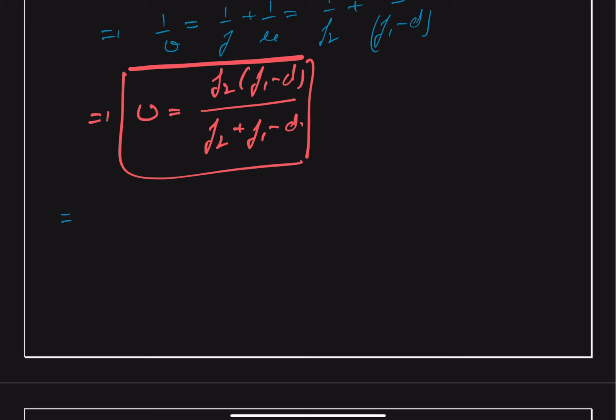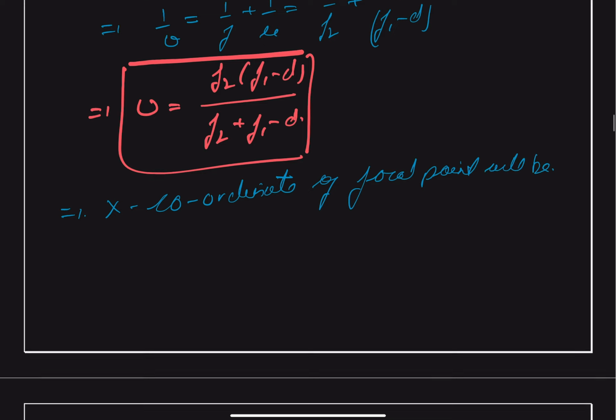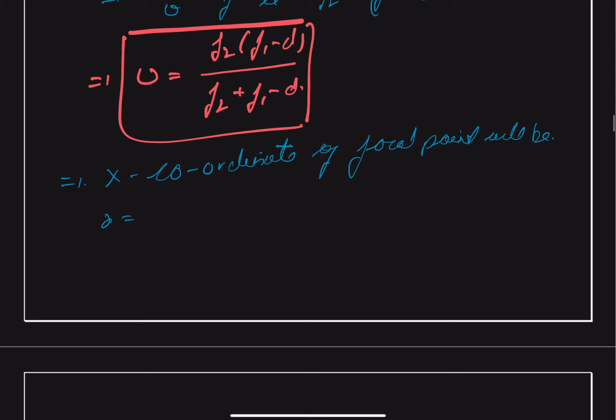So we can say that the x coordinate of the focal point will be x, which is d plus v. It gives d plus v as f2 times f1 minus d, over f1 plus f2 minus d.